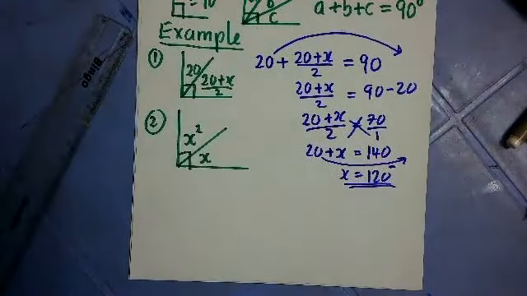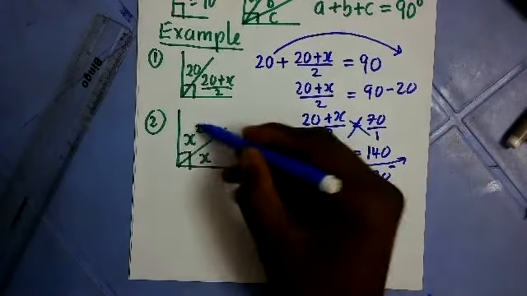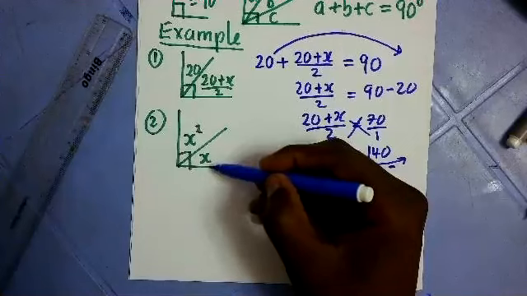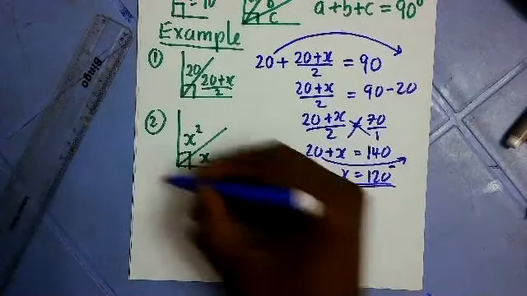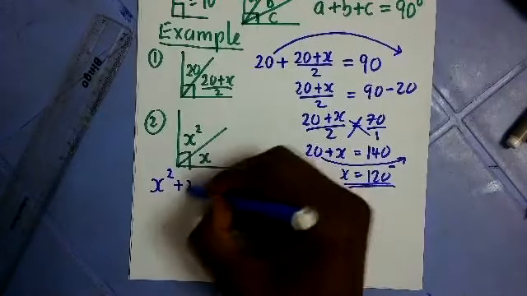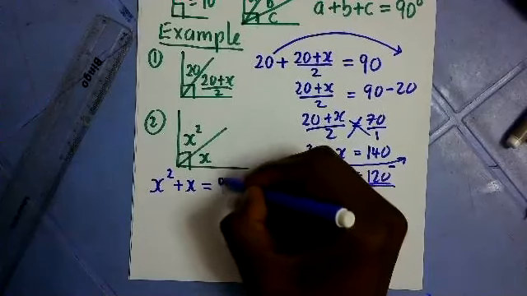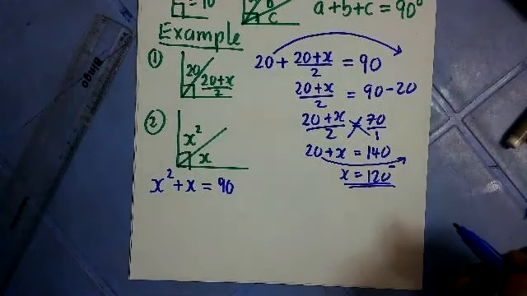Okay, so if I have such kind of question, what we know is x squared plus x should give me 90 degrees. So I would say x squared plus x is equal to 90.